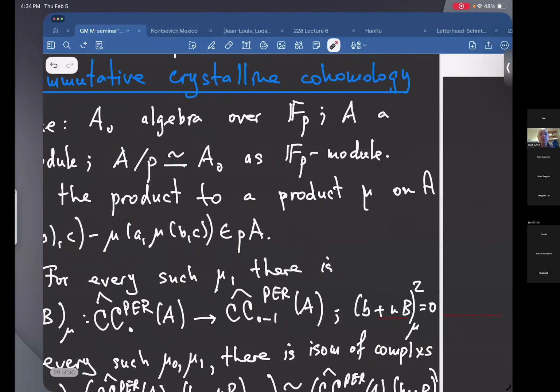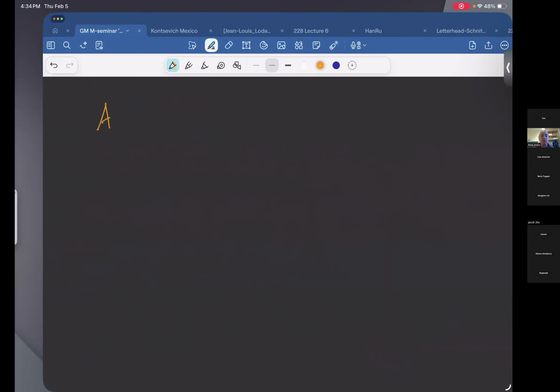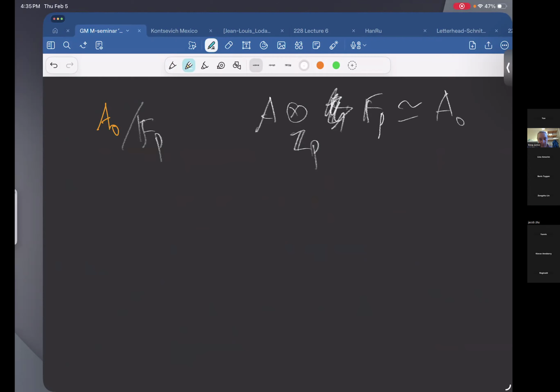Real quick, if you have an algebra over Fp, should I say Zp? And you probably can take the lift. Yes, I see. And well, I lift the product to the ring of Witt vectors.